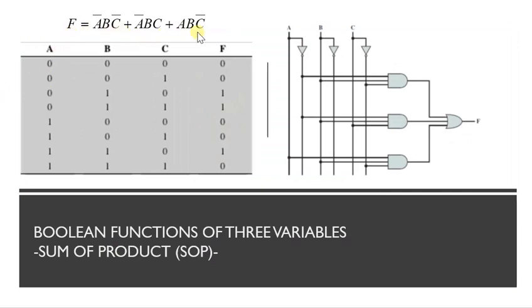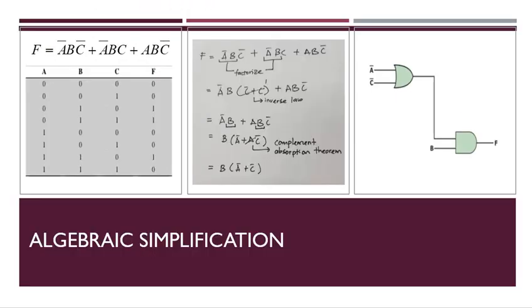This is the Boolean function of 3 variables using SOP. Now how do we simplify this Boolean equation using the algebra method?